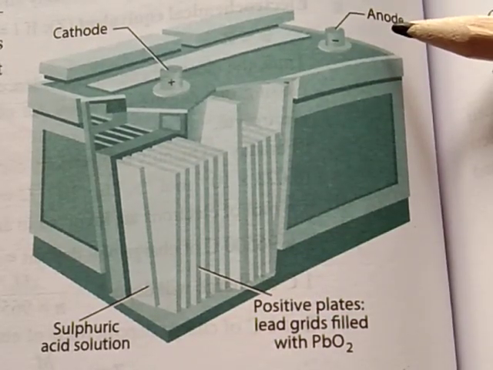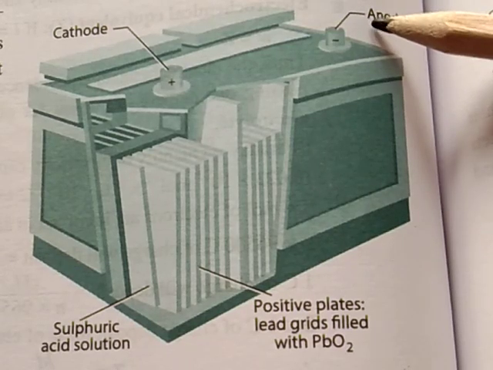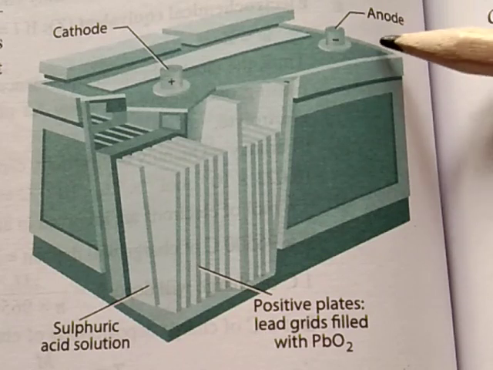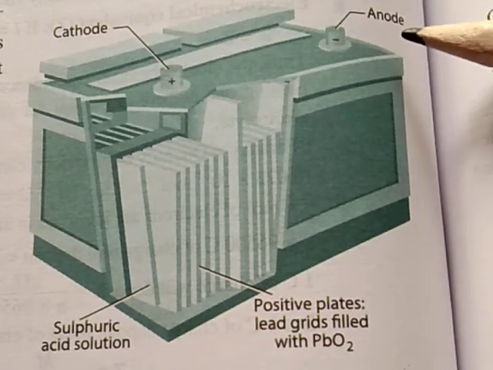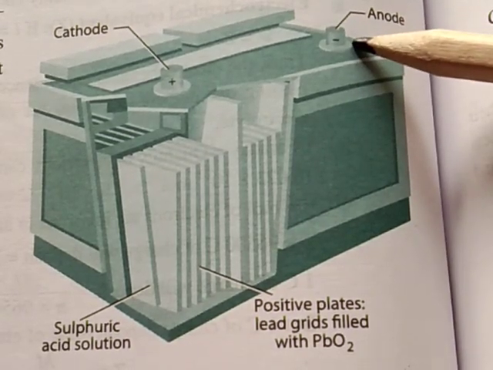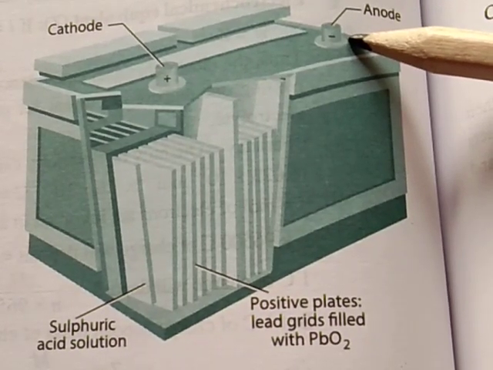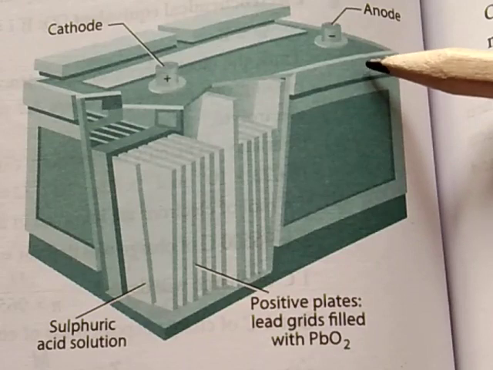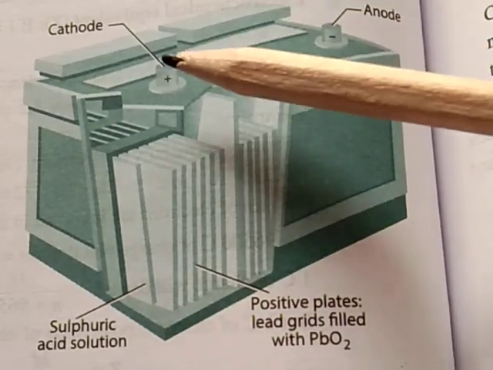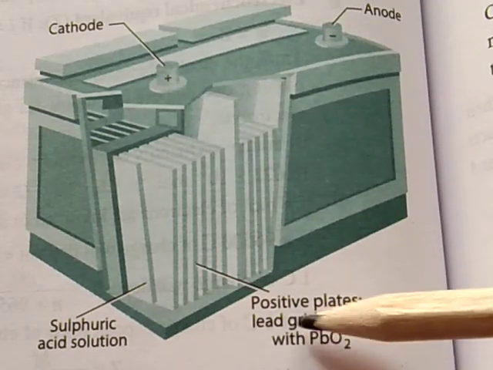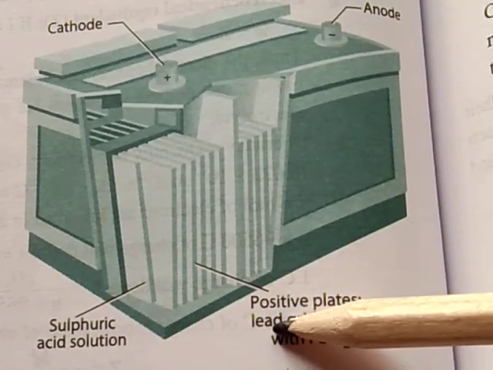At anode, this lead acid battery consists of a lead anode, meaning the negative plate is made up of lead. Lead symbol is Pb. But the cathode is a positive plate which is made up of a lead grid.